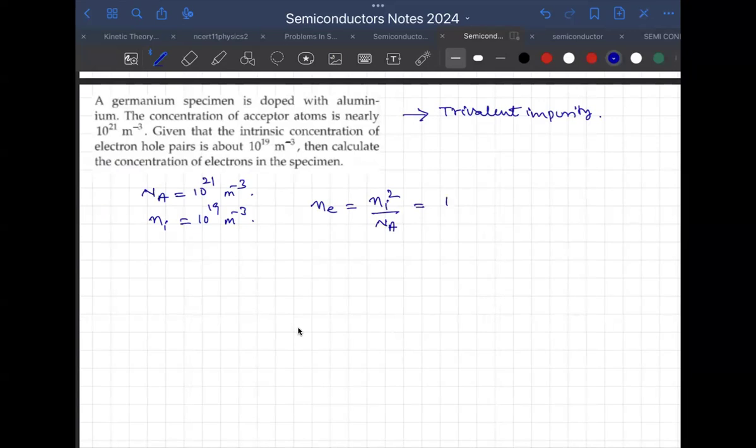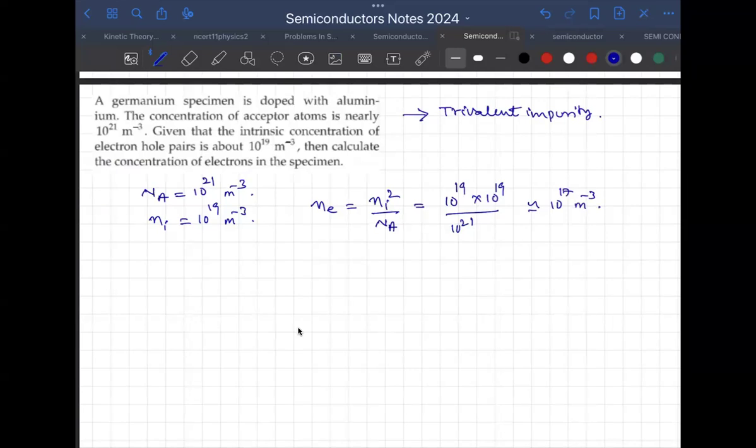So this is 10 power 19 into 10 power 19 by N_acceptor 10 power 21. This will become 10 power 17 per meter cube.